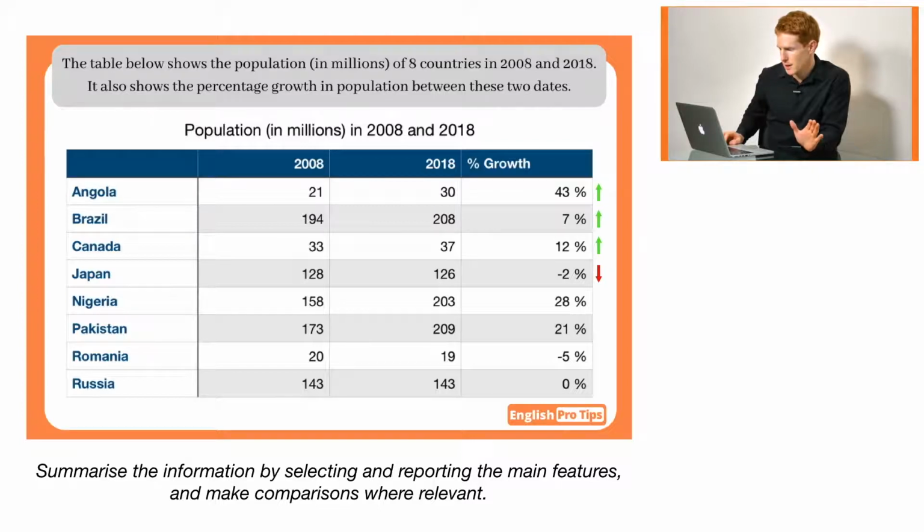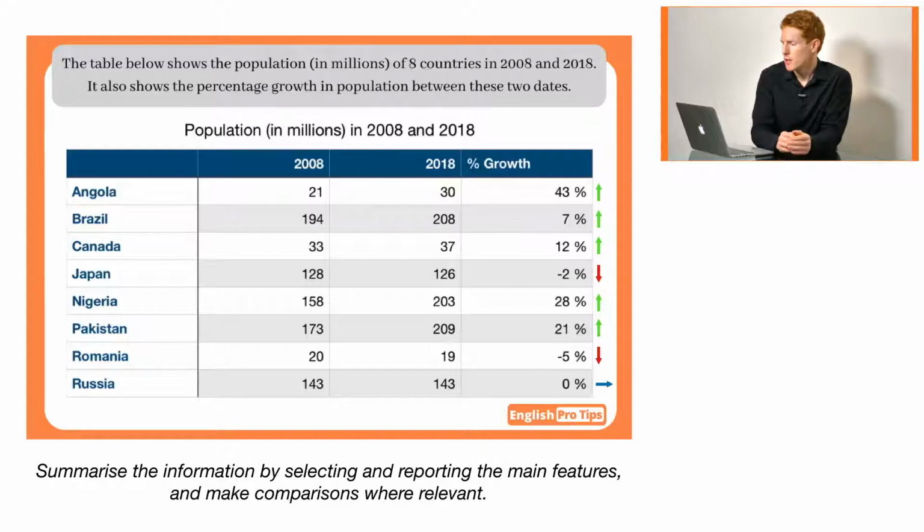In Nigeria, it increased. In Pakistan, it increased. In Romania, it decreased. And in Russia, it stayed the same. So we can see that 0% change between 2008 and 2018. So now we know the general trend of all of the countries. Let's focus on some specifics.